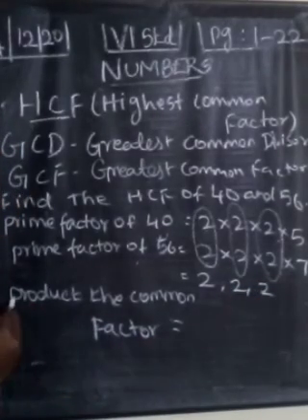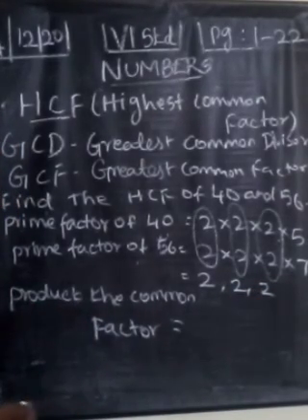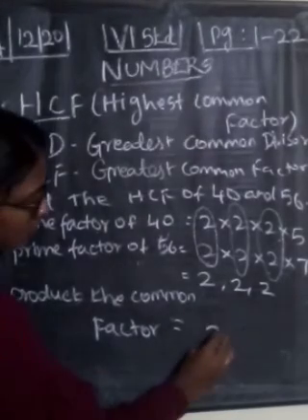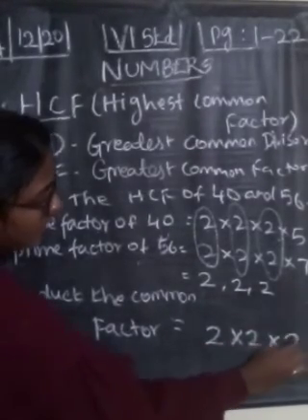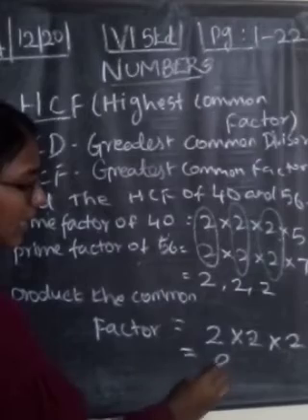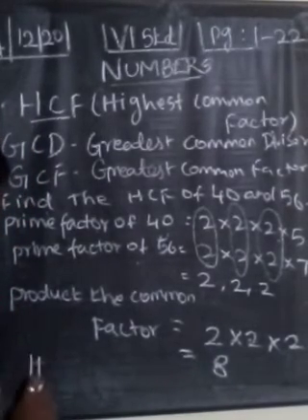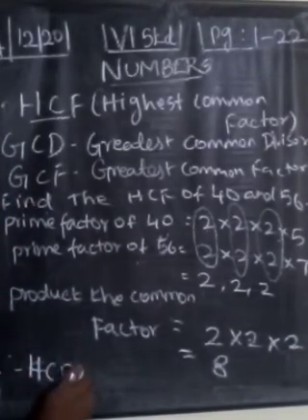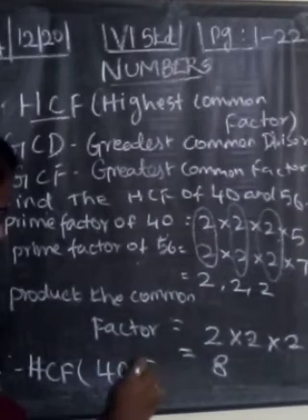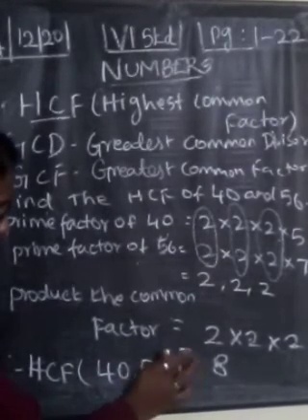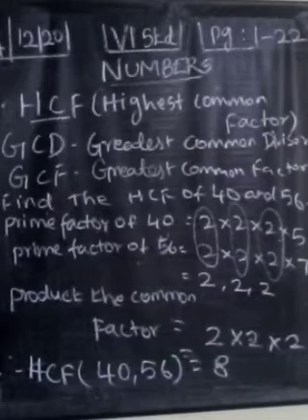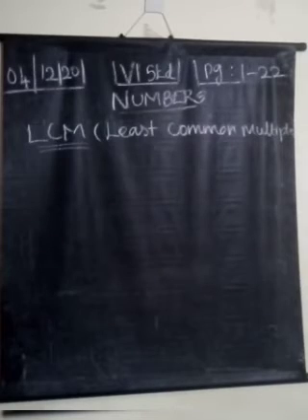The 5 and 7 are not common. So now take the product of the common factors, we get the HCF. So 2 multiplied by 2 multiplied by 2. 2 twos are 4, 4 twos are 8. Therefore the HCF of 40 and 56 equal to 8.